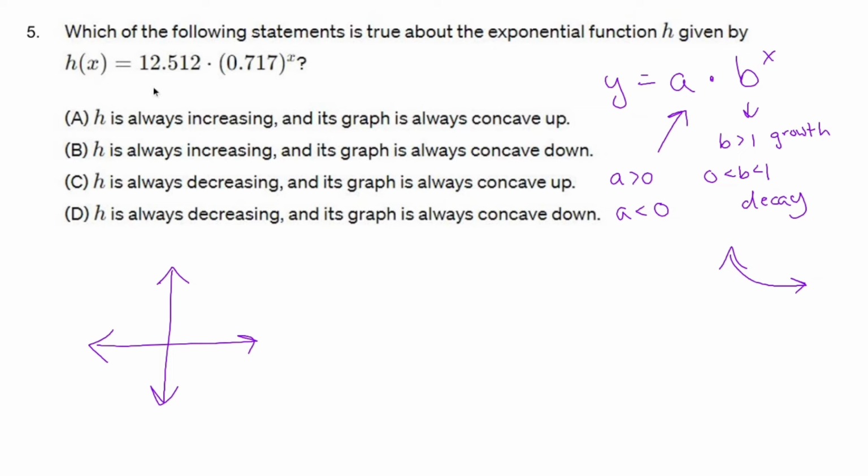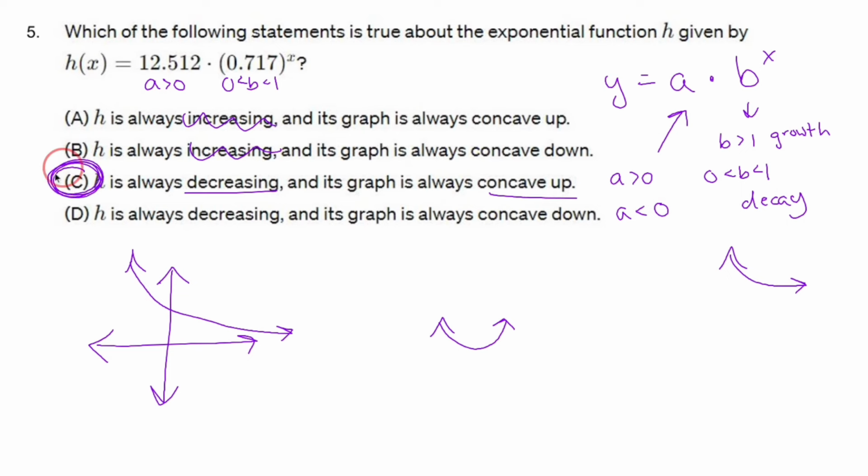In this case, A is positive, but B is in between 0 and 1. So we have regular looking decay. What this looks like is it's decreasing, and since it's the first half of concave up, it's going to be decreasing and concave up. So our answer for this is going to be C.